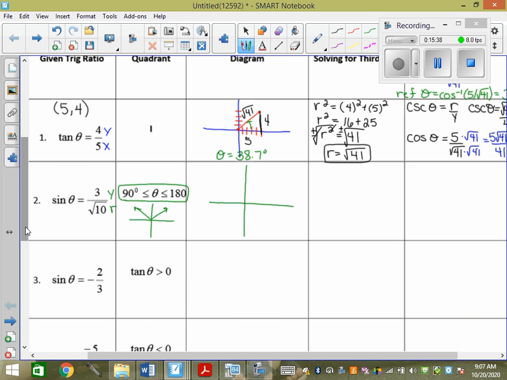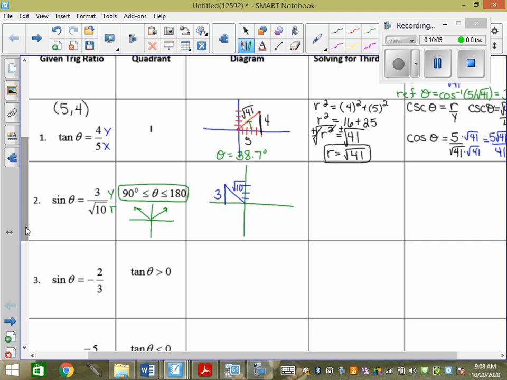It's between 90 and 180, so it's here. Y is 3. We don't know what x is, so it doesn't really matter. We're just going to sketch a triangle here. Our y is 3. Our r is root 10. We need to find our x. So when we're missing r, we do r squared equals x squared plus y squared, correct? But when we're missing x or y, we're going to do r squared minus the other one.